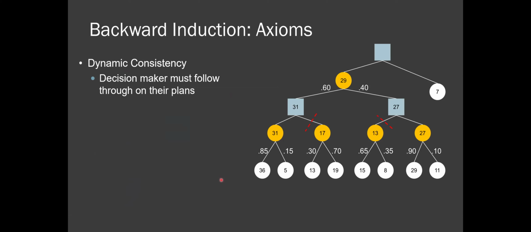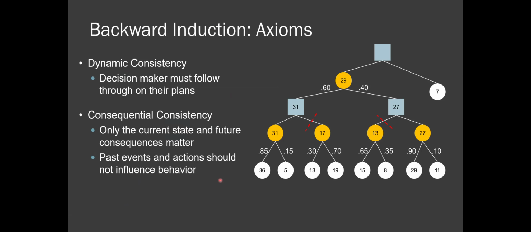And one of the important axioms here is that of dynamic consistency, which says you should follow through on your plan. And remember, these calculations are dependent on your future decisions. So if you don't follow through on them, you undermine the optimality of those choices.